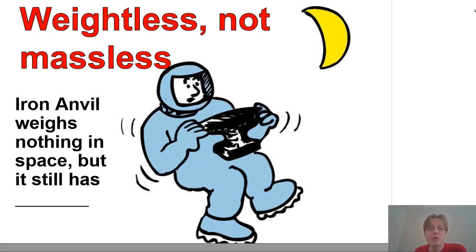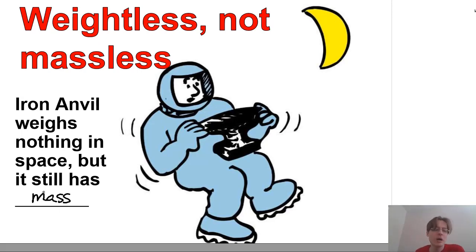If an anvil comes flying at you in space, do you duck? I hope so, because it sure has mass and it will sure hurt you if it hits you. However, you can lift it up over your head, no problem at all. So it absolutely has mass no matter where you take it in the universe, but it won't necessarily have weight. So the anvil weighs nothing in space, but it still definitely has a whole bunch of mass.